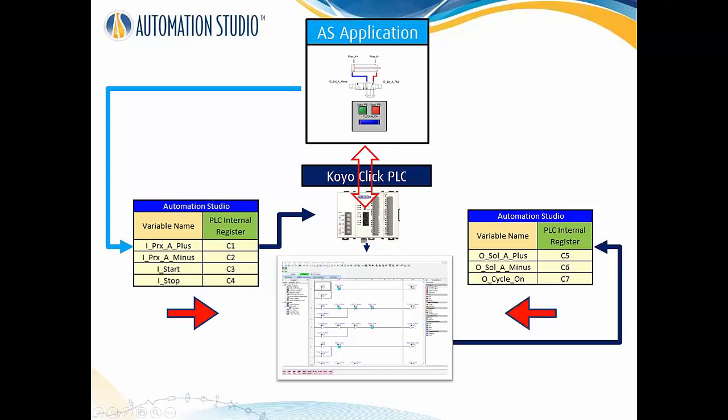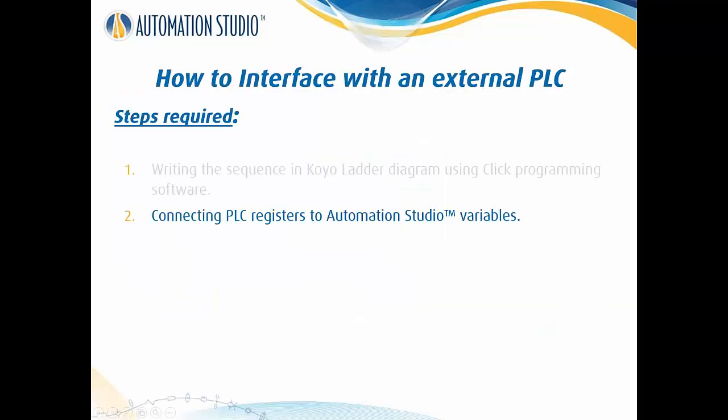Now what we want to do is send these variables into Automation Studio to the internal variables, and then we close the loop. This process happens very fast, so that at the end it makes us feel that the logic is running in Automation Studio, but really the logic is running in the PLC, and the system in Automation Studio starts moving in simulation mode.